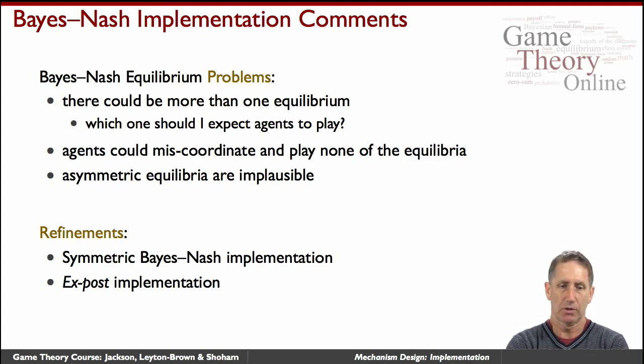You might want also to require ex-post implementation, meaning that the strategies selected are an ex-post equilibrium, a very strong notion. So agents don't experience regret for having selected those equilibria even after the game is played.